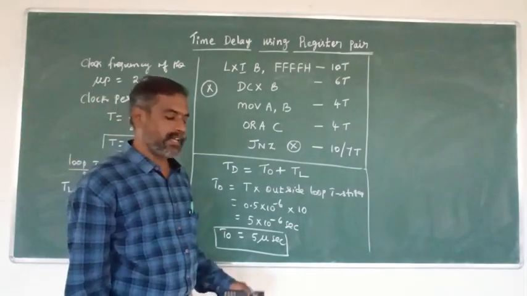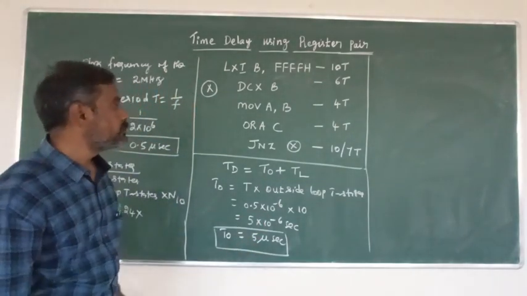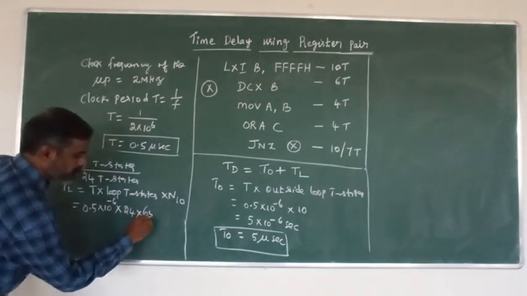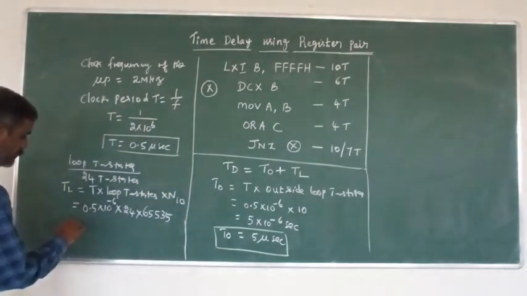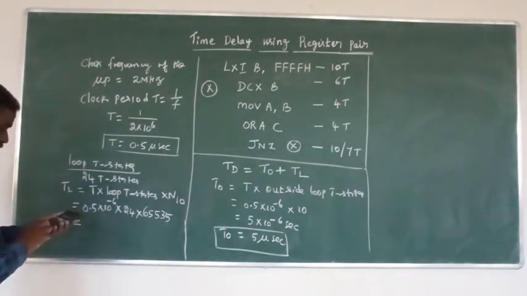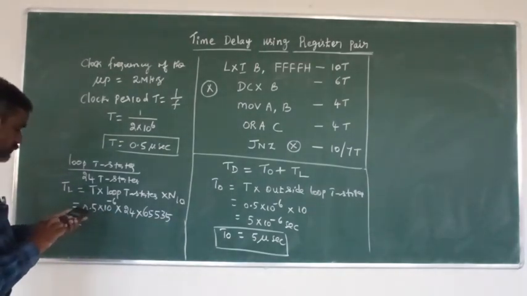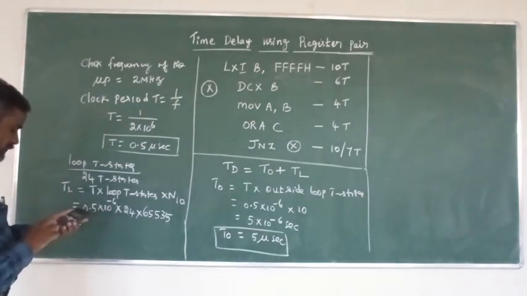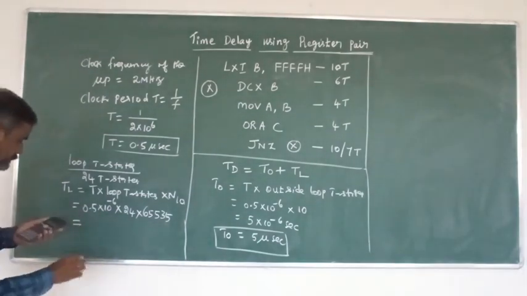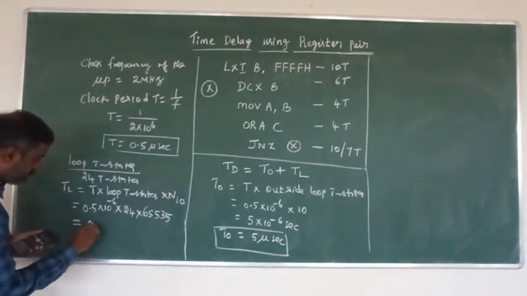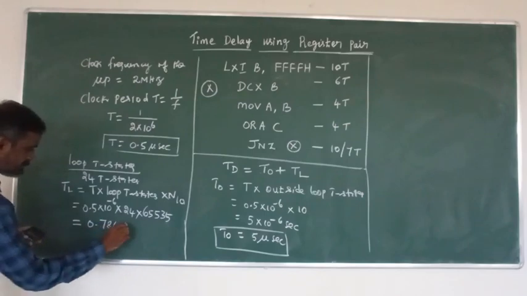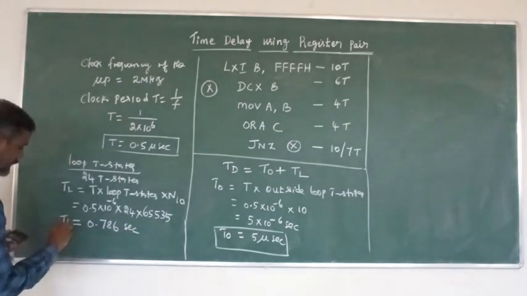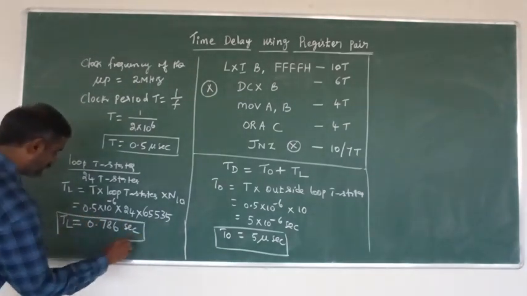Now the corresponding decimal value is 65,535. Now multiply 0.5 into 10 to the power of minus 6 into 24 into 65,535. You can get the result 0.786 second for TL, the loop time period.